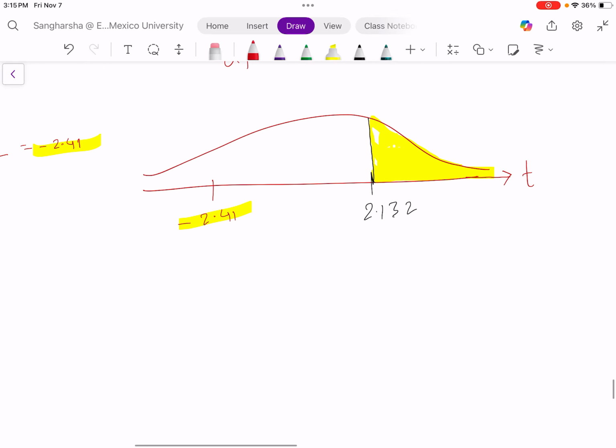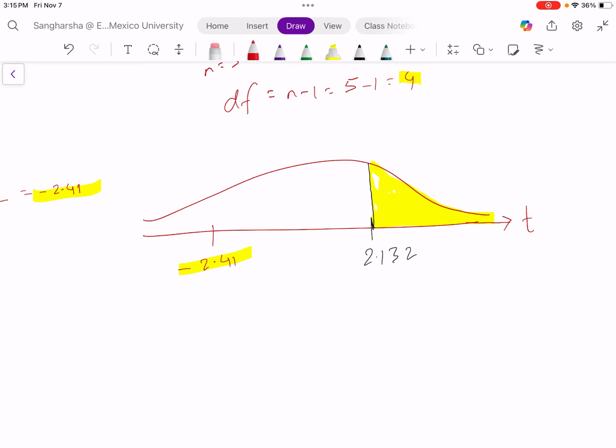So we fail to reject our null hypothesis.